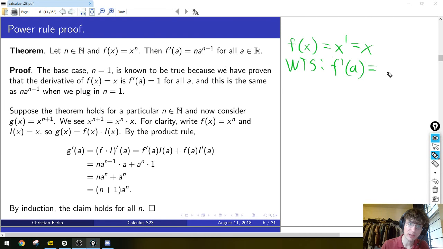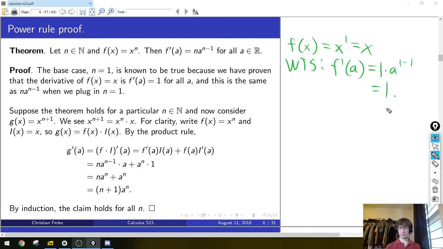So when n equals 1, this is 1 times a to the 1 minus 1, but a to the power 0 is simply 1. So we need to prove that if f of x equals x to the power 1, which is just x, then the derivative f prime of a equals 1.